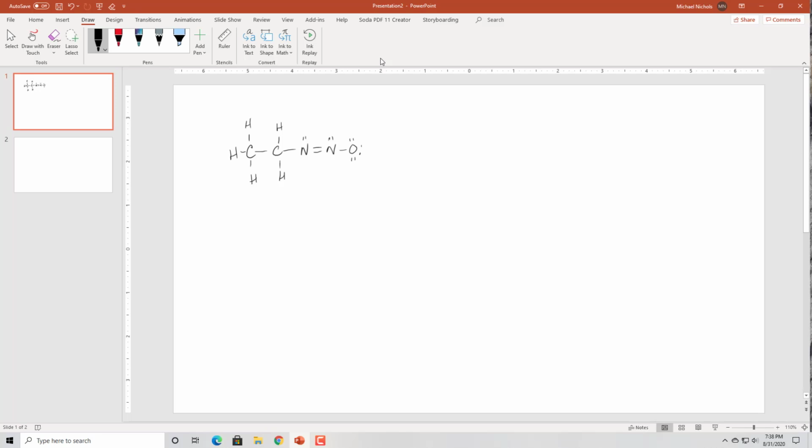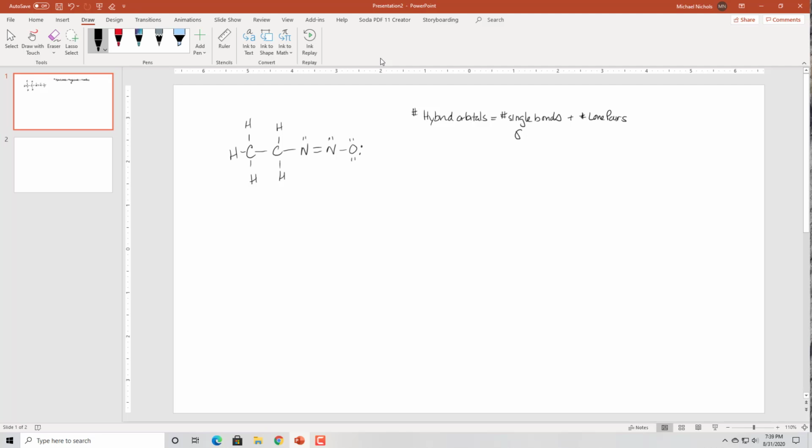When you're going to draw an orbital picture, the first thing you have to do is identify the hybridizations of the different atoms, the non-hydrogen atoms in this case. The number of hybrid orbitals is equal to the number of single bonds, which are also the sigma bonds, plus the number of lone pairs.